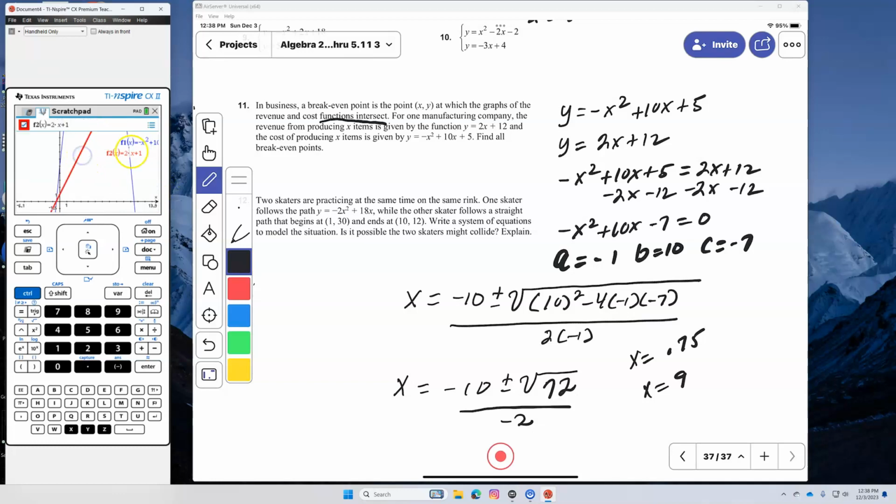And then the linear equation is 2x plus 12. You might want to zoom standard or zoom in. I'm sorry, zoom out. Okay, so Menu, Analyze Graph, Intersection. So there's a 1.